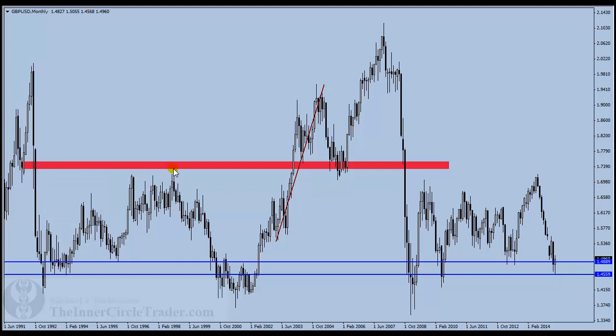You nail it here, and you're in it here as well. But more importantly, prior to this big move, look at what the body of the down candle prior to the big move is. It's inside that area.